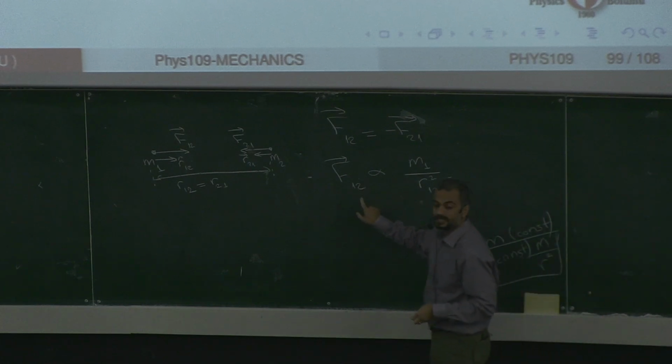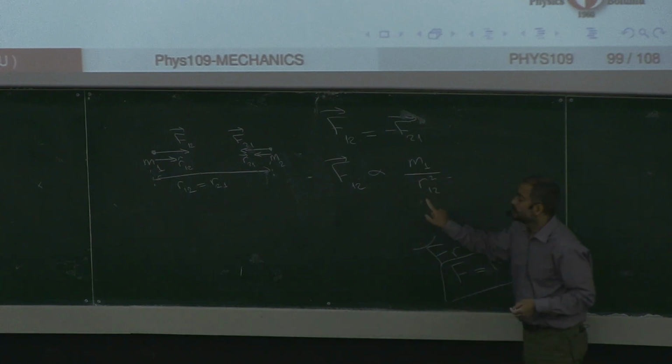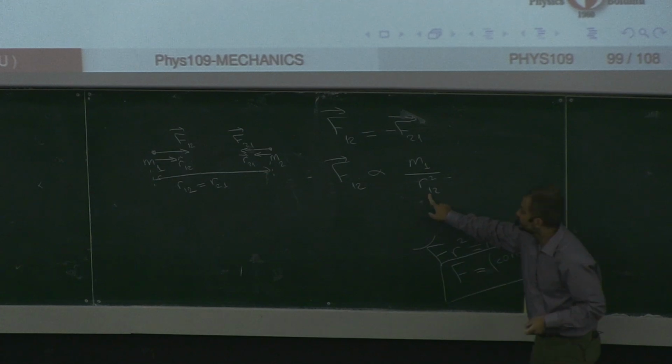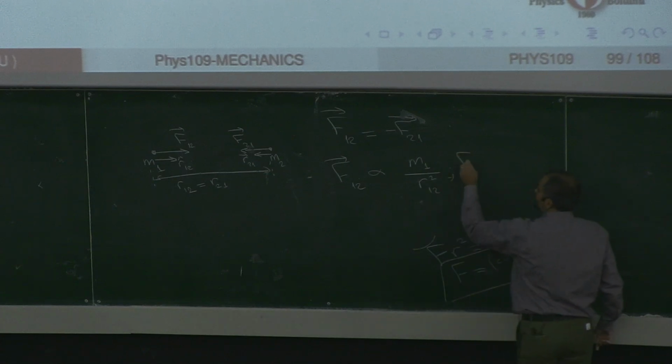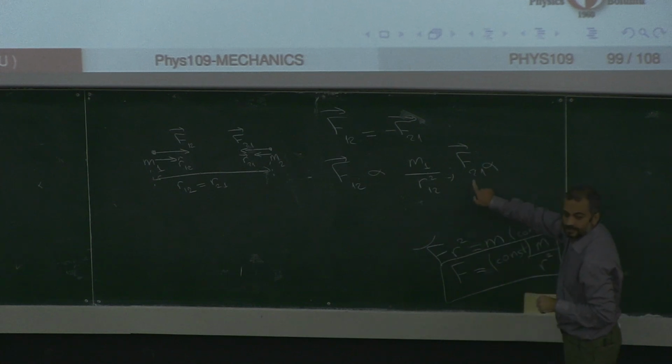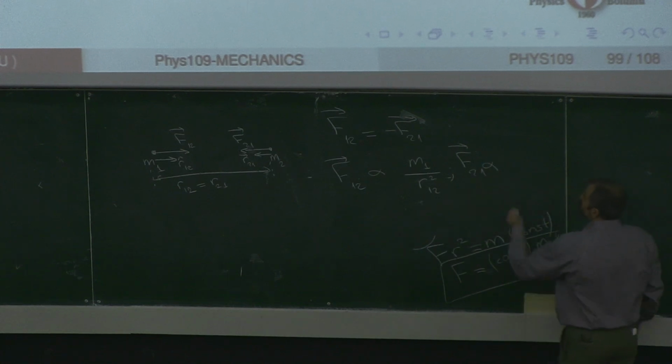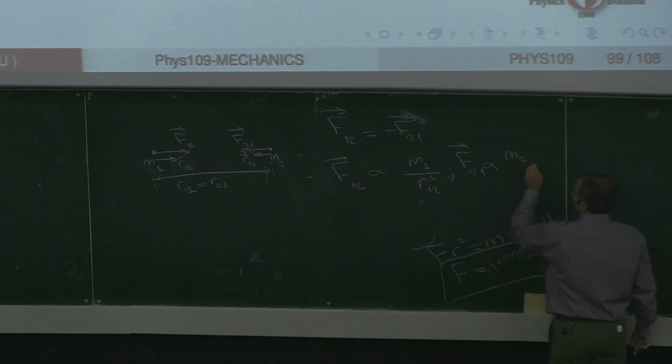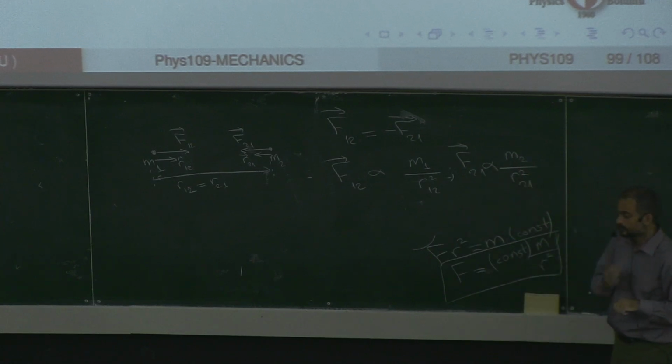Here F12 is the force that mass 1 is feeling, so I have m1 divided by r12 squared. F21 has to be proportional to, now in this case it is mass 2 that is feeling the force, m2 over r21 squared.